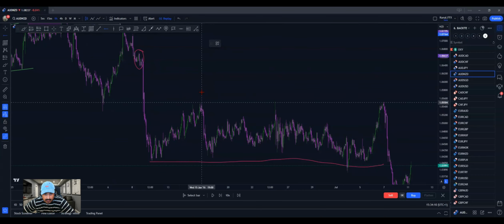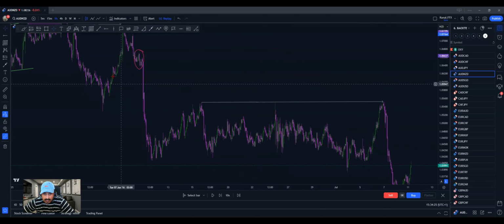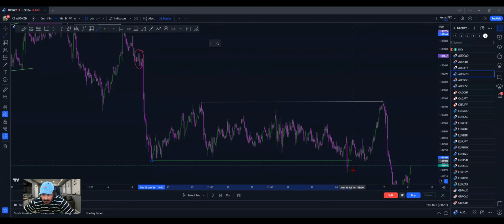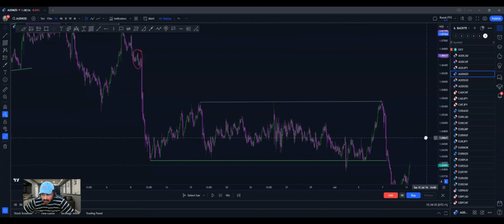So if I take that as the first point and we go straight across, yeah, that's decent in terms of sort of how it's kind of developed. It's not so bad. And then the low would have been just about here, so we'd probably want to take this low, see it all the way across, and that would have been it.